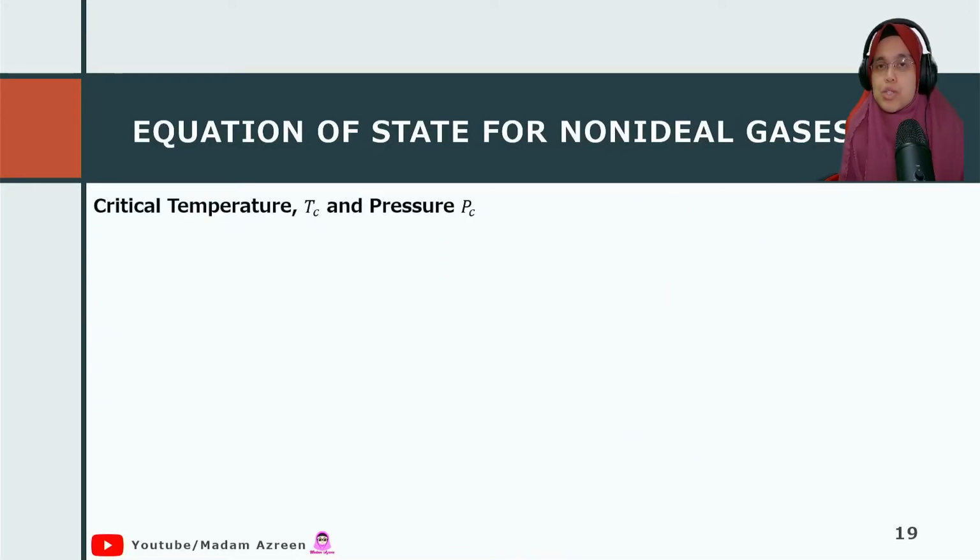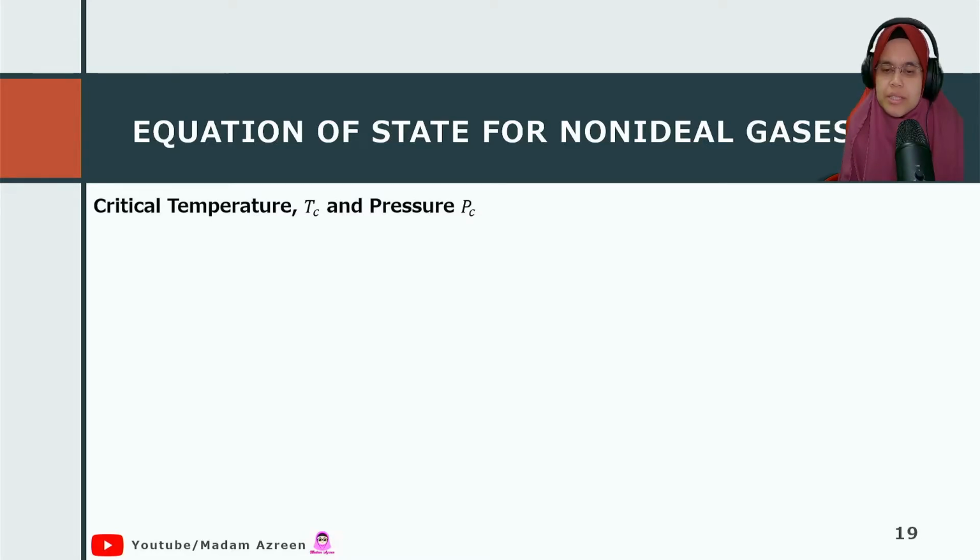Okay, the first thing to introduce to you is the critical temperature and critical pressure. As I mentioned previously, at high pressure and low temperature, PV equals nRT is no longer valid. But how do we determine when temperature is high or low, and when pressure is too high? Because each species doesn't have the same properties. So people came up with critical pressure and critical temperature.